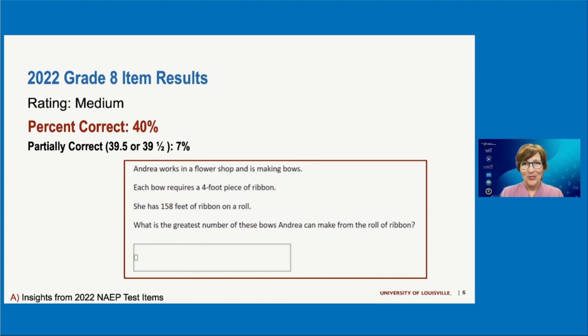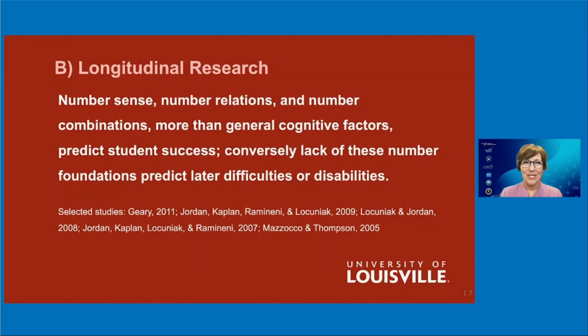And now we're going to turn to the research to see what's been happening over the last few decades related to students' understanding. There have been quite a few longitudinal studies. These are hard to conduct because they take time.